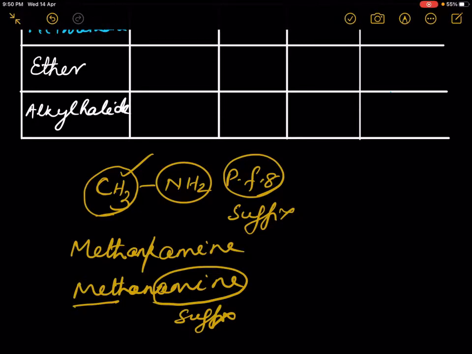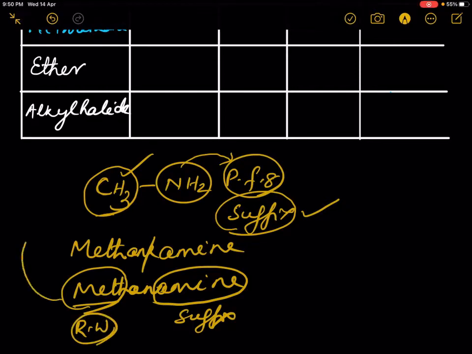NH2 is the principal functional group, so it is written as a suffix. Root word means number of carbon atoms in the parent carbon chain. How many carbon atoms? 1 carbon. As it is written after root word, it is a suffix. And here you have cancelled E because A is a vowel, so the name of this compound is methanamine.